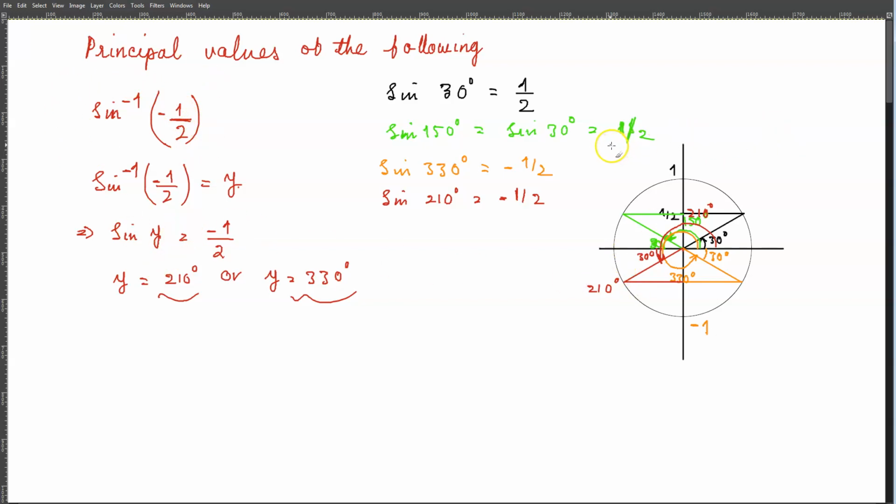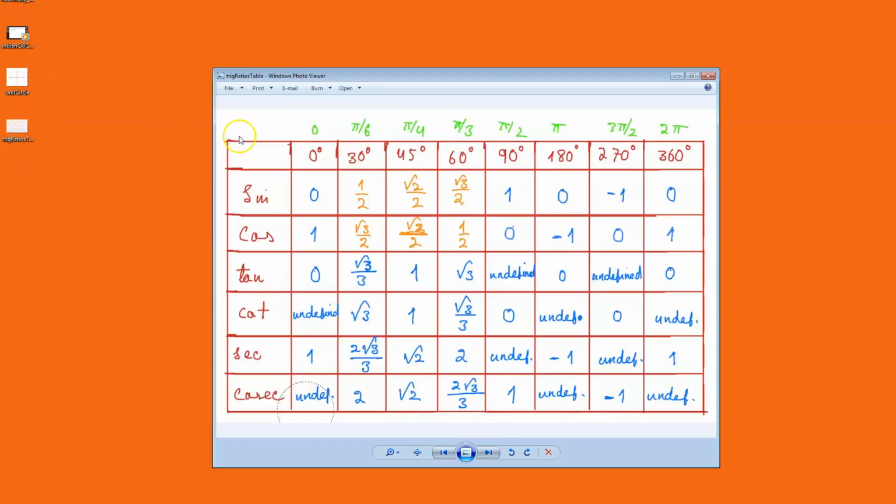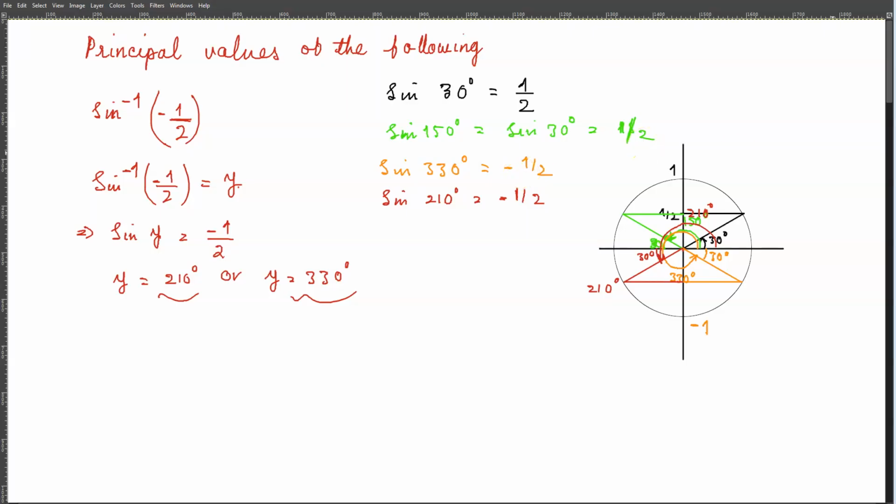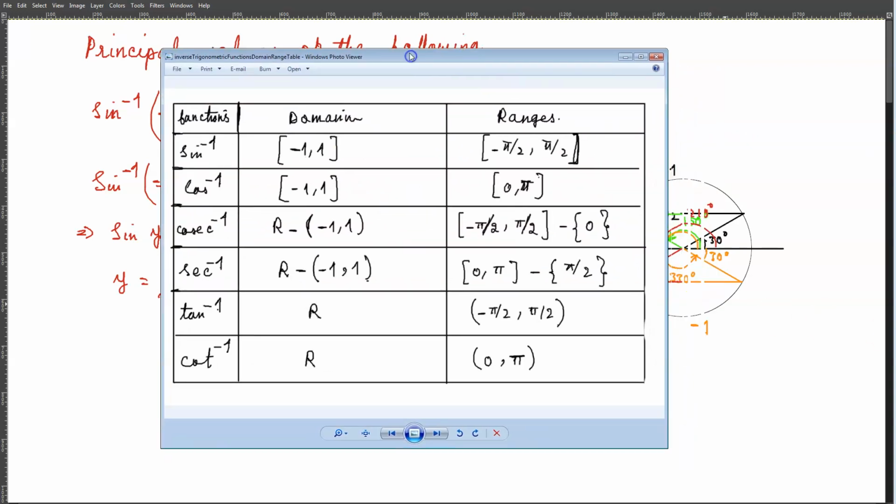And when we talked about the sine inverse function, we said that the range of the function goes from negative pi by 2 to pi by 2, and the domain goes from negative 1 to 1.